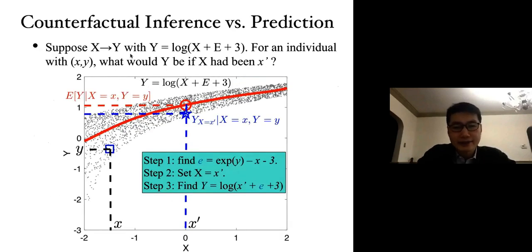In this particular example, where X causes Y with this functional causal model, from X and Y we can infer the value of E. Of course, you can infer the posterior of E given the evidence. It's not the posterior given X, it's the posterior given the evidence. And here you can see E takes this value if I know the value of X and Y.